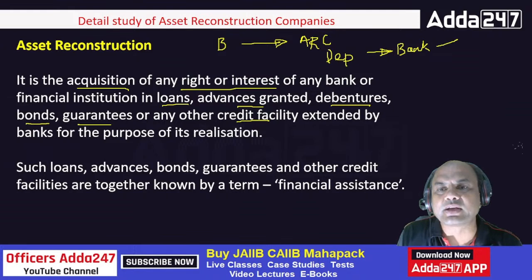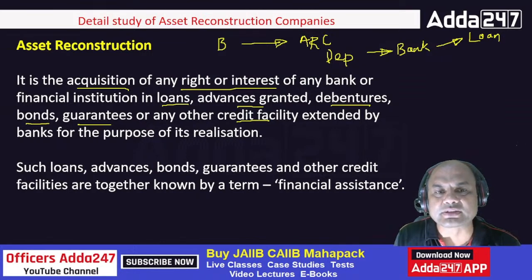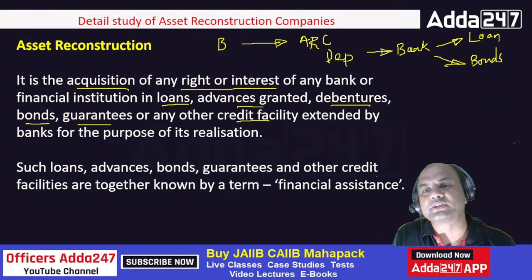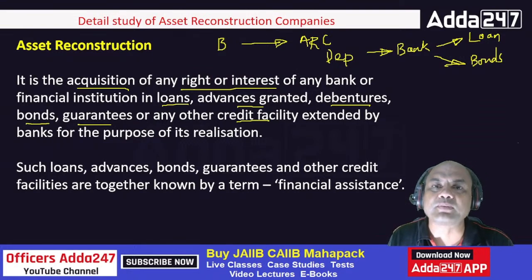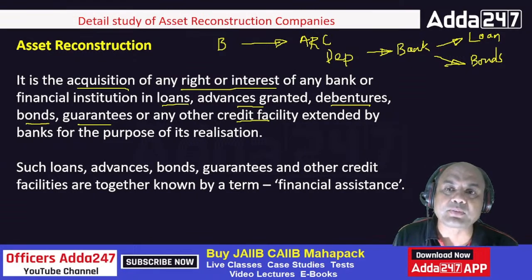I'll either give it as a loan, right? Loan means this becomes advances, loans and advances. Or I can invest it in bonds, separate bonds. So I'm investing it in these bonds. It can be of any company also. It can be a government bond. It can be a private bond. Anything.